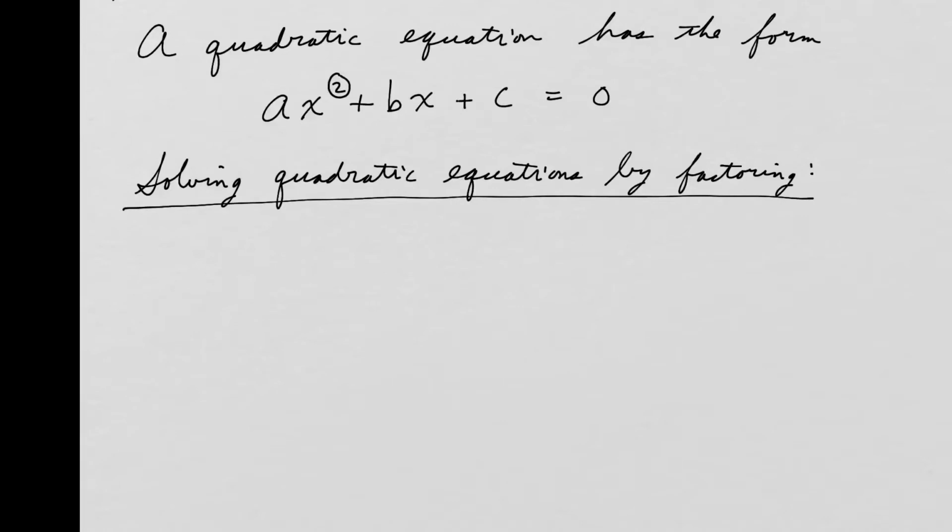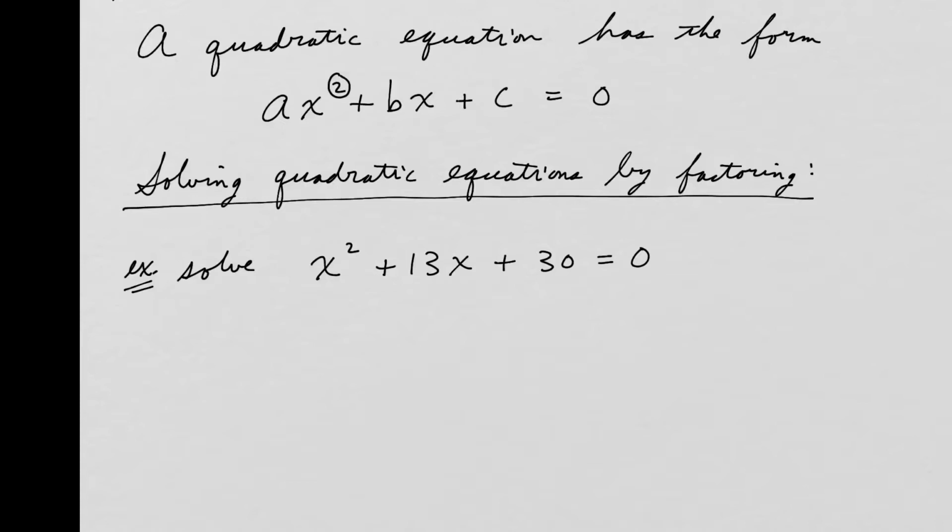Okay, so let's say I have this equation I want to solve. Let's say x squared plus 13x plus 30 is equal to 0. Okay.